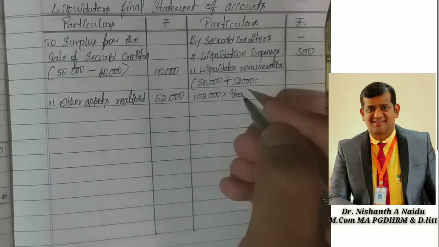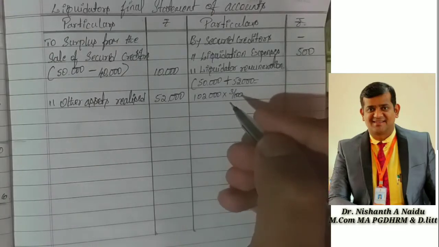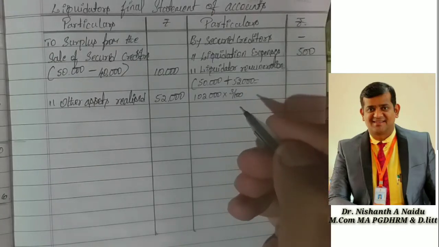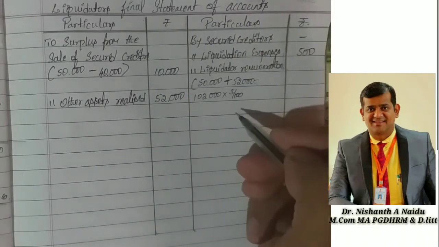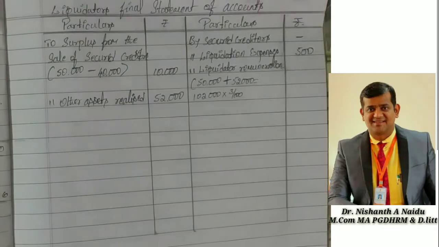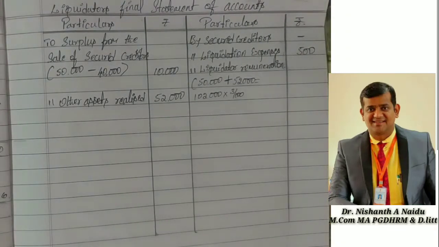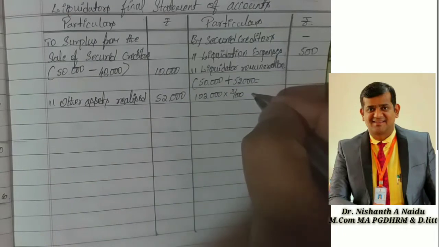He said 3% on the amount realized, including the securities in the hands of secured creditors. So I am calculating 3%. You also calculate in the calculator: 1,02,000 into 3 divided by 100. That comes to 3,060.